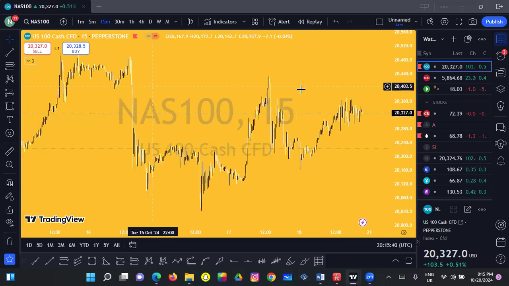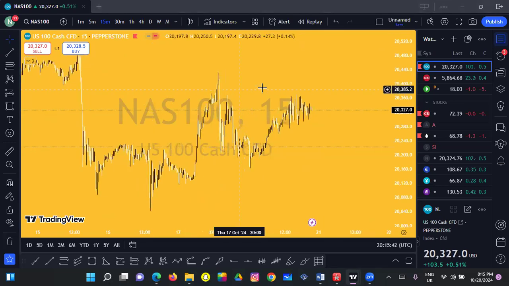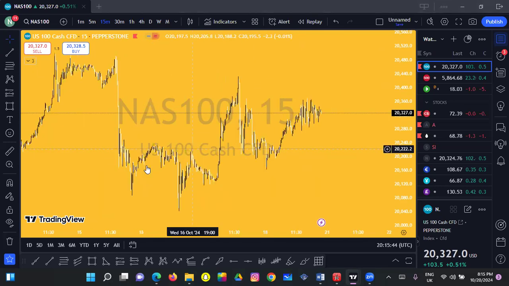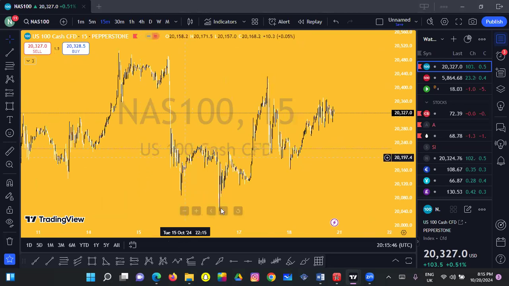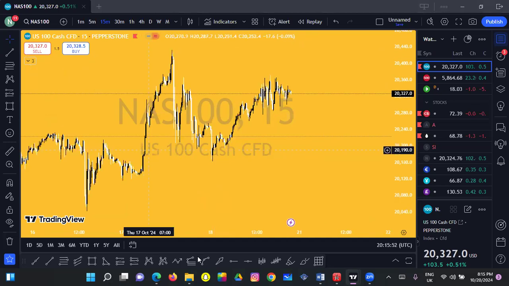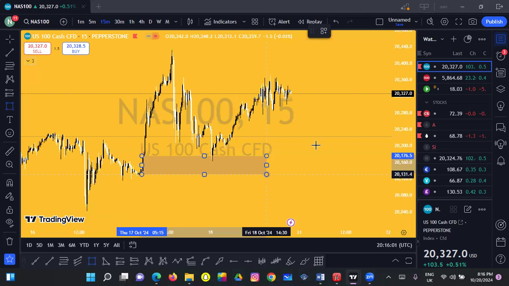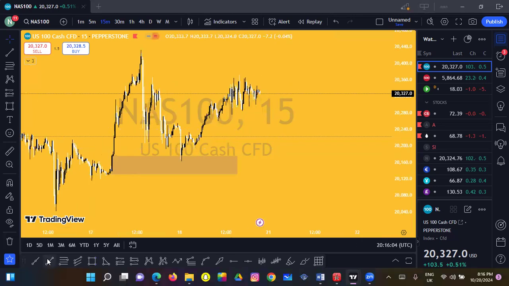So on the 15 minutes time frame, Nasdaq is currently looking okay, change of character, a tap. So it's looking bullish in the 15 minutes. You can see a change of character and then a tap. Let's see here, right? So we're having a tap on here. We're expecting to break here.